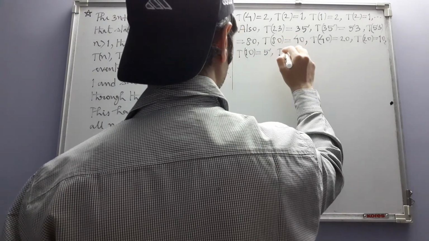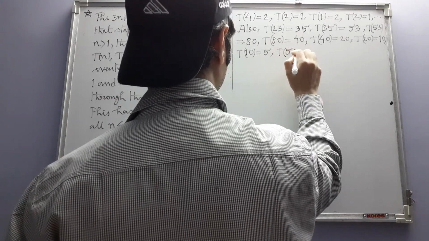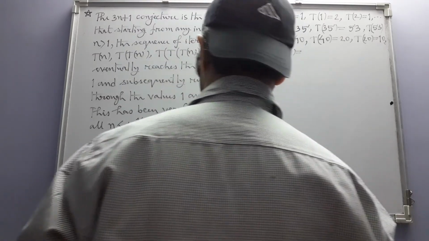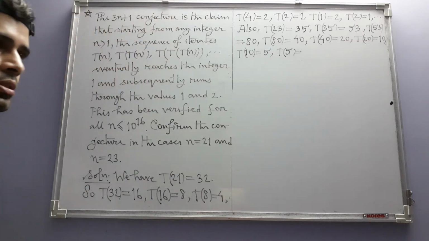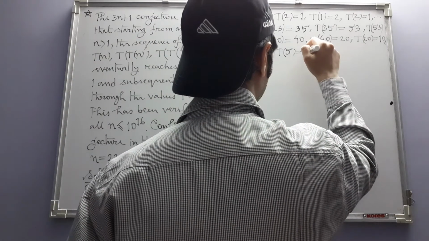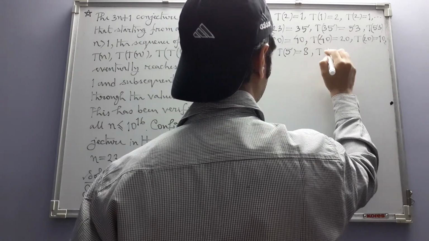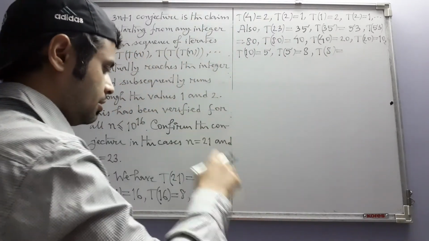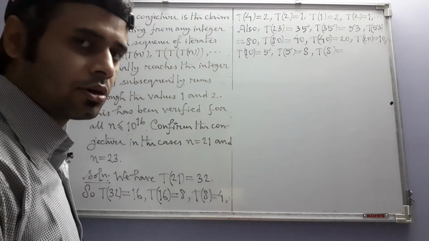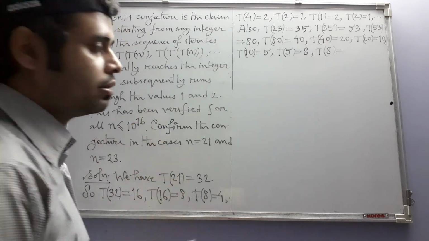Then again it increases. T of 5 is 3 times 5, that is 15, plus 1, 16, divided by 2, 8. But the moment we get 8, which is a power of 2, the halving process will continue till we get 1.